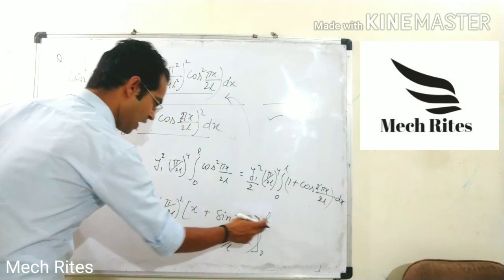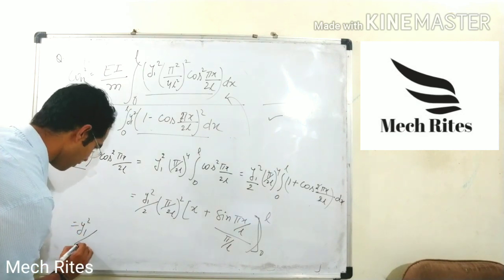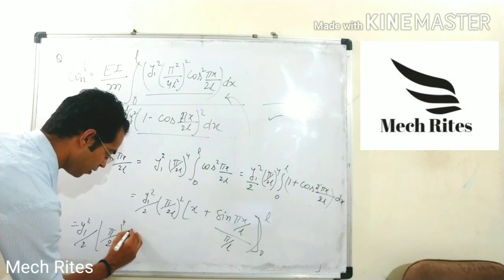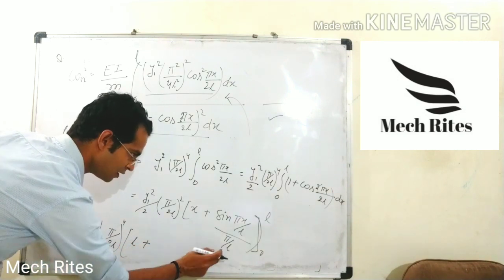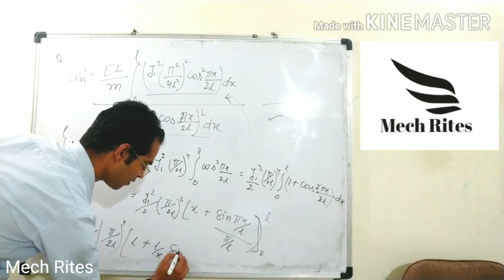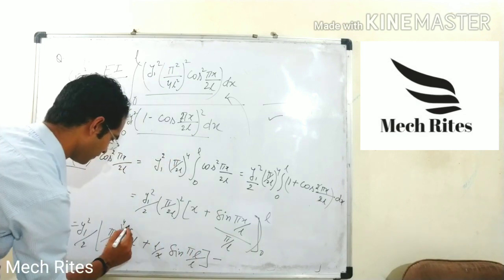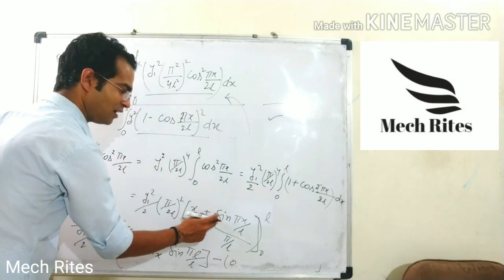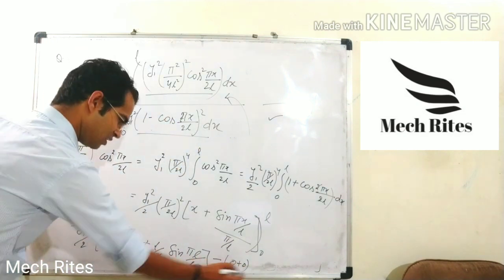Now if I put the limit L, its value will be y1 square by 2, pi by 2L to the power 4. Put x equal to L, plus L by pi sin pi L by L, minus, for the lower limit I put 0, and since sin 0 is 0, it is valueless.